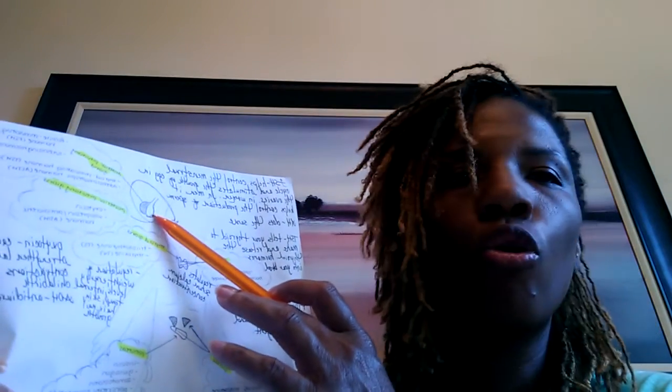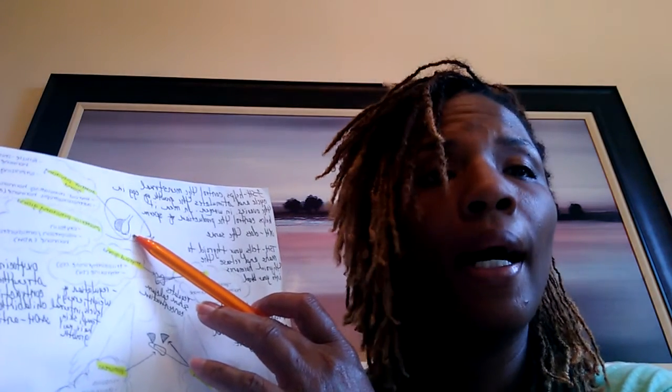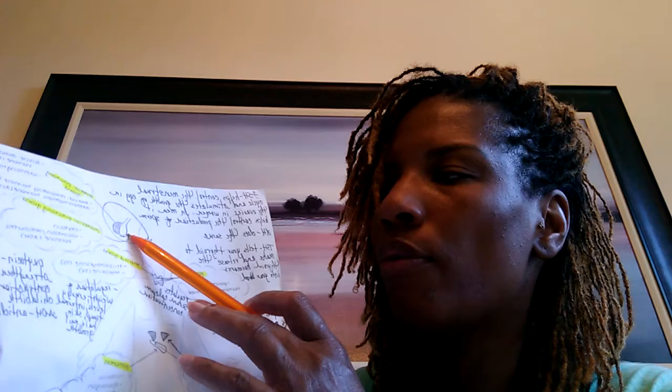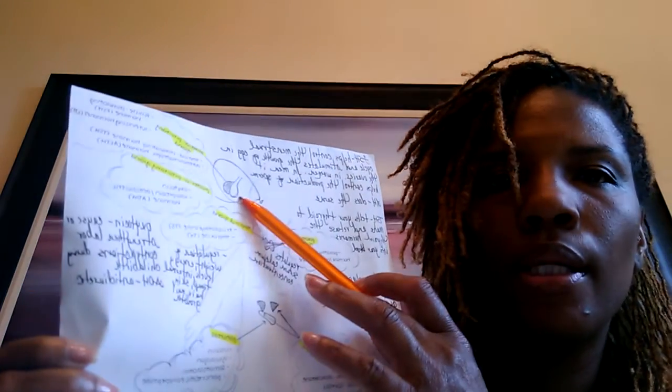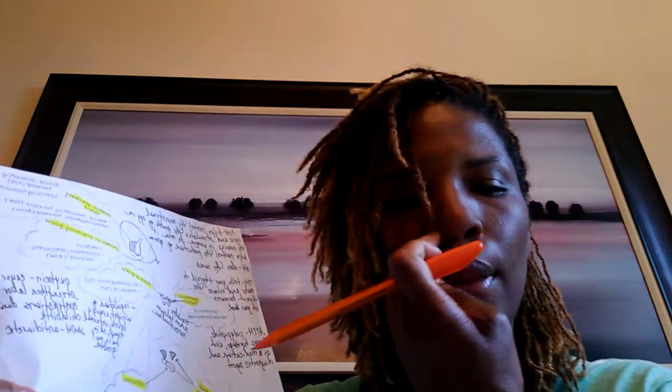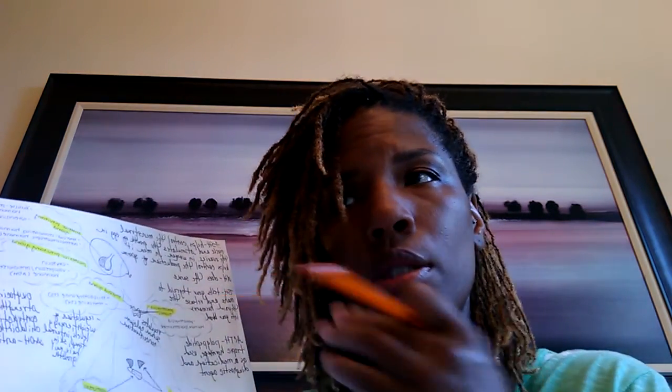So then the next is the posterior pituitary gland, and it's located, of course, behind the anterior pituitary gland, and that's it there. The hormones that it secretes are the antidiuretic hormone, which influences body water balance.